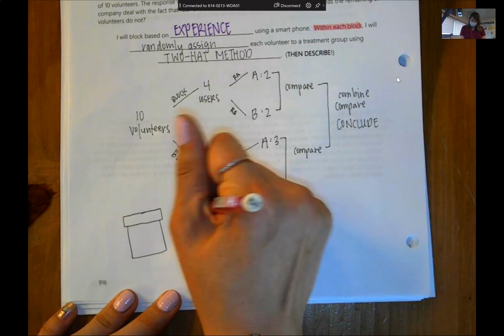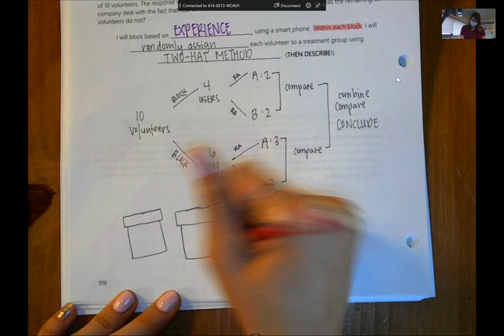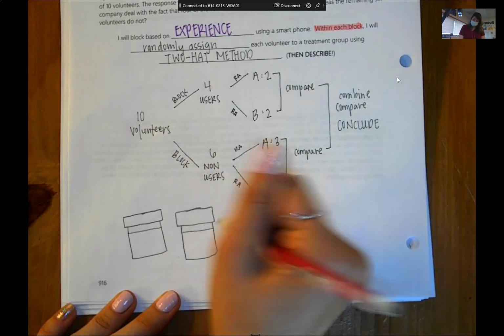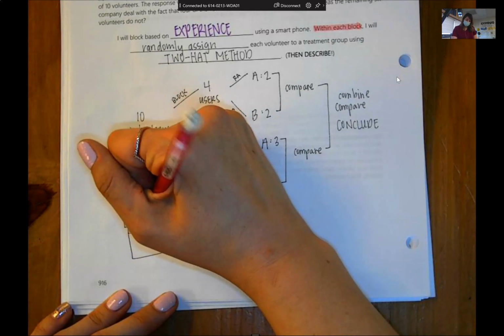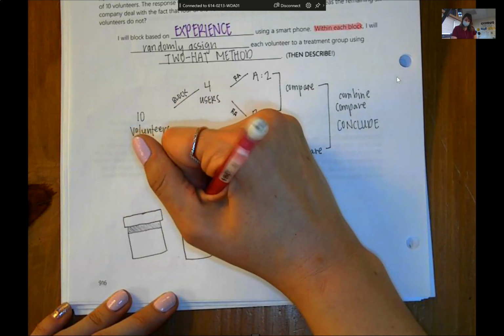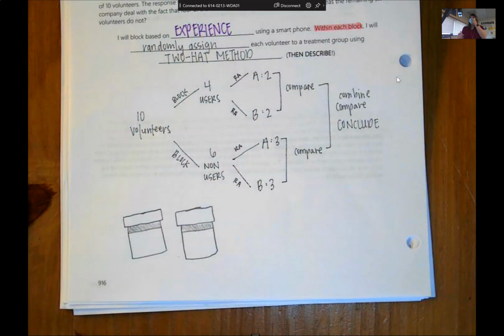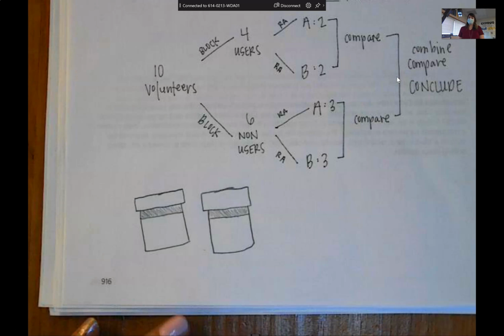I like to just draw the hats because it's faster. The other reason that I draw the hats is because I feel really comfortable being able to write out the bullet points for hat method or two-hat method. And I know that when it comes time to take the test, I'm going to be just fine on that. So I don't write it out in my assignments unless I have to.